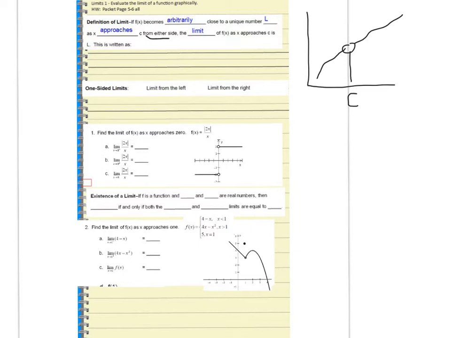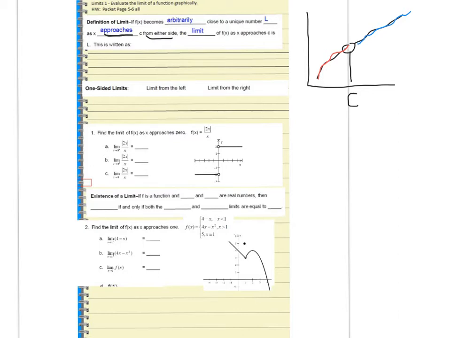So the key words here are approaching and either side. So I'm coming from the left, and I'm getting closer and closer to our x value c. I'm coming from the right, and I am getting closer and closer to our x value c.